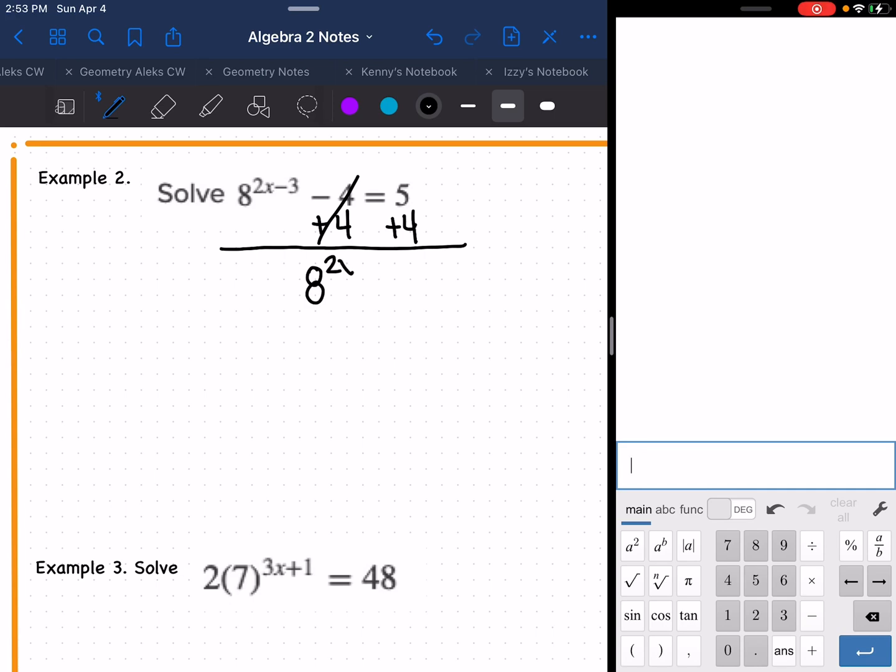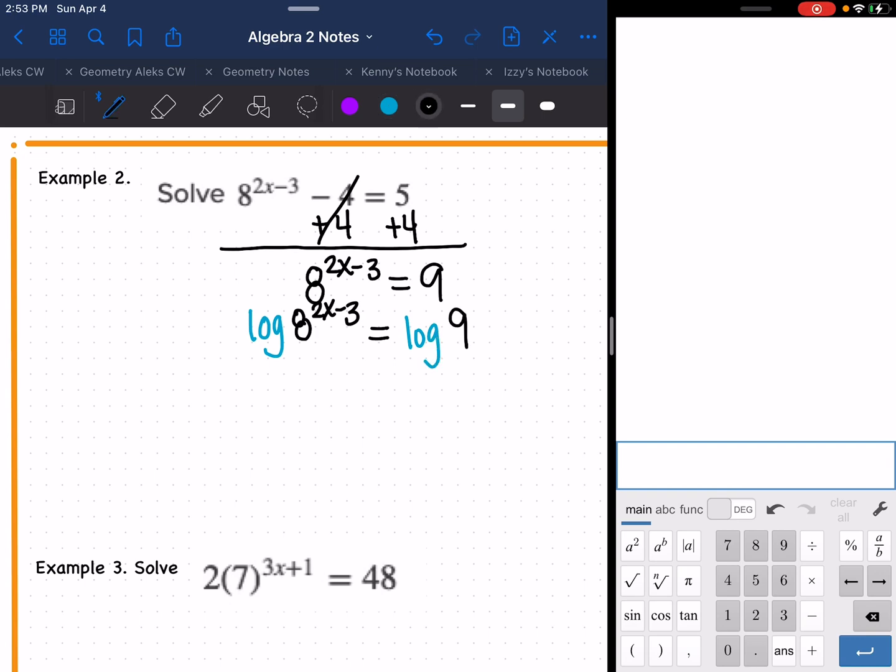Now that I have my exponent, my power by itself, I can take the log or the natural log of both sides. Since last time we did the natural log, I'm going to do the log this time. So I'm going to take the log of 8 to the 2x minus 3 power, and set it equal to the log of 9.